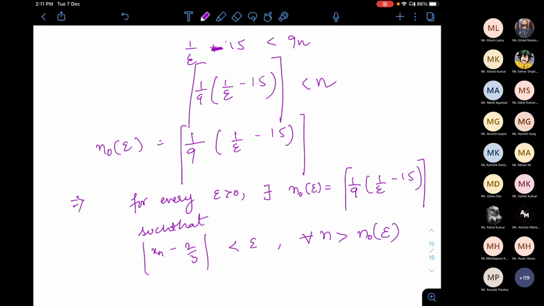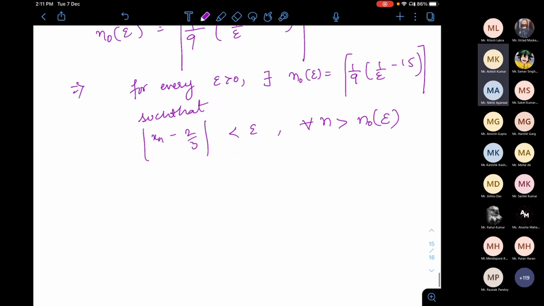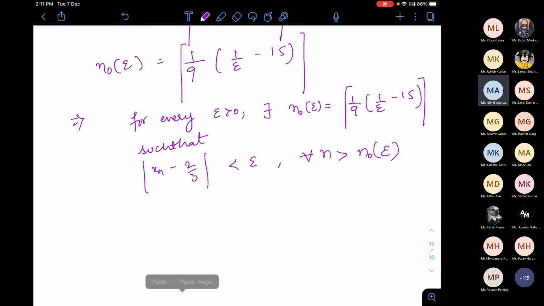Ma'am, I have a doubt. Whatever you have written inside the ceiling function, if that comes out to be an integer, like 5, do we take that value itself? But then that condition will not be satisfied. Take one example: suppose epsilon is equal to 1 by 60.